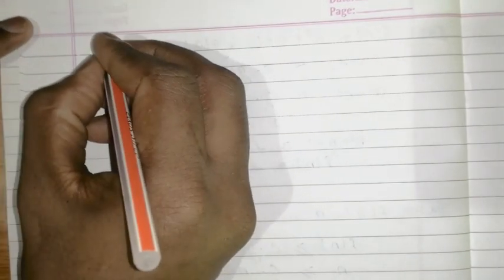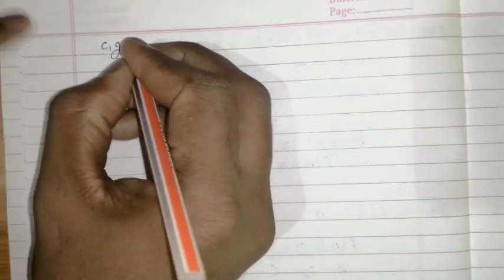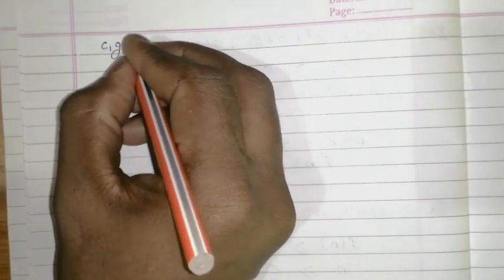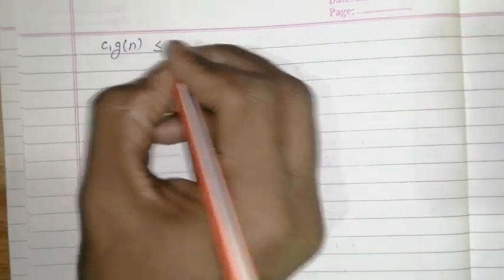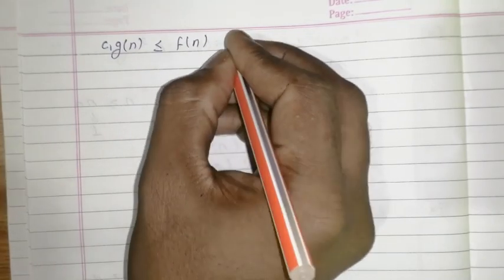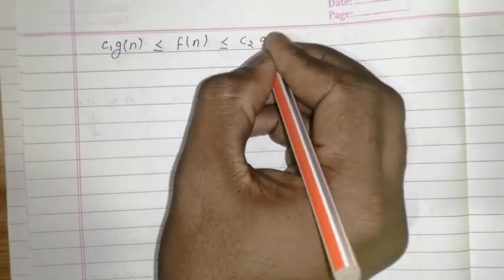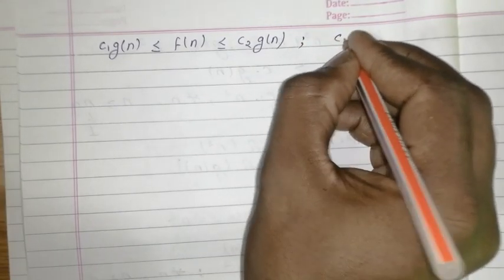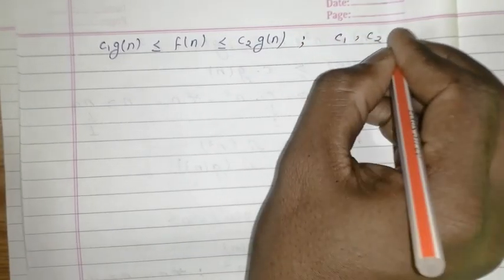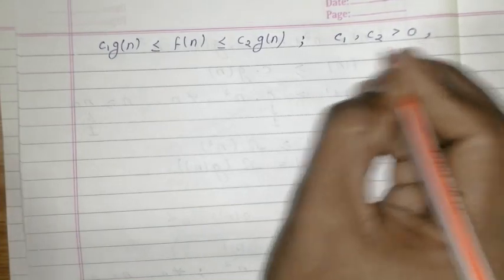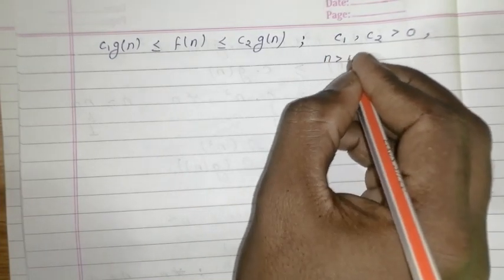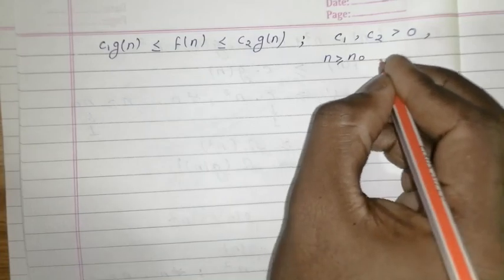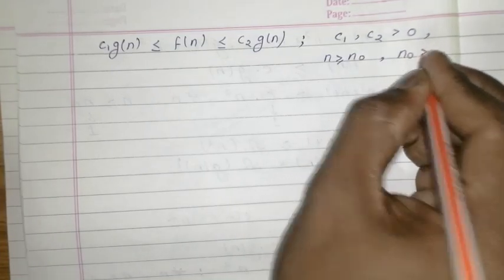So from the previous graph, if you write, C1 of g(n) is less than or equal to f(n) is less than or equal to C2 of g(n). Okay, where C1, C2 is greater than 0, n is greater than or equal to n naught, n naught is greater than or equal to 1.